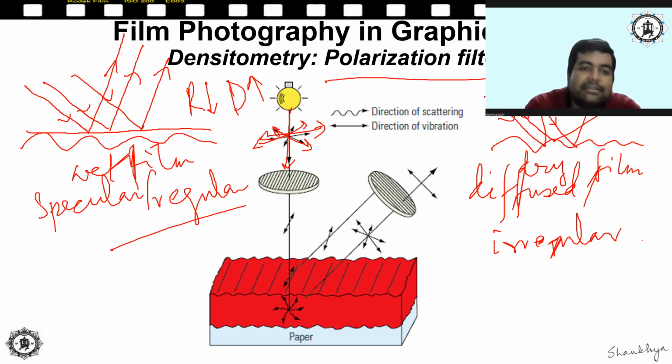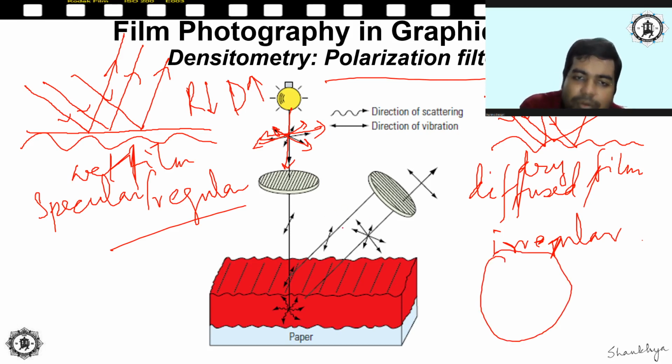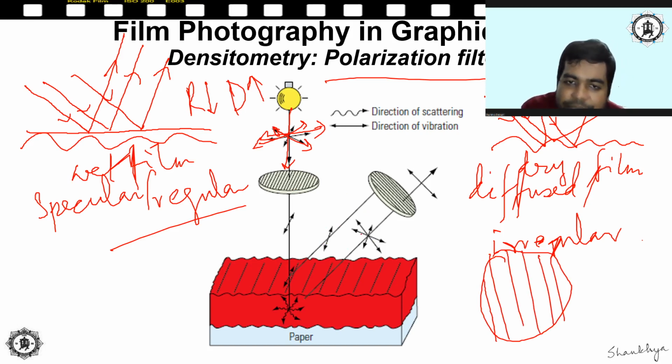Now, as I said, what the nature of light is, it has the direction of vibration in different directions, right? Now, you see, the polarization filter molecule is basically a polymer. It's like looking like a disc, basically. So this disc is made out of polymer. The polymeric chains are arranged in a particular direction, maybe like this.